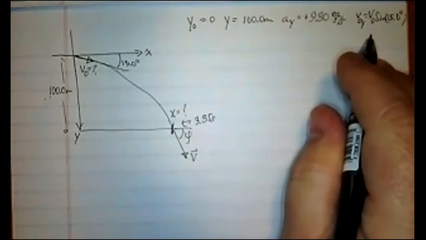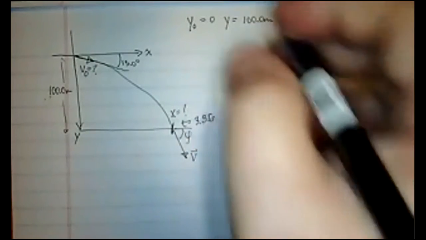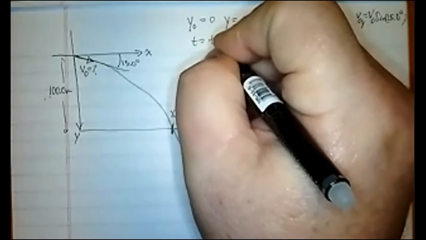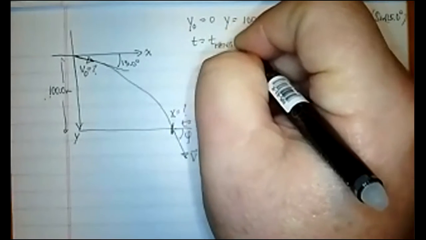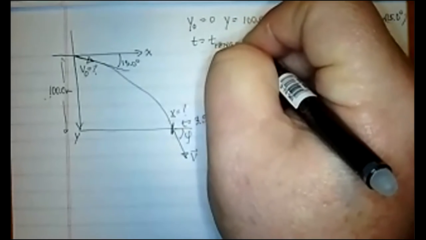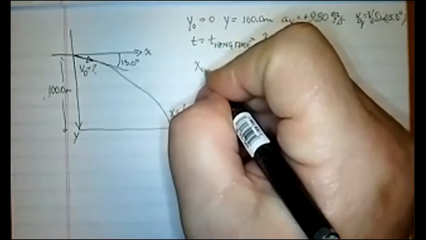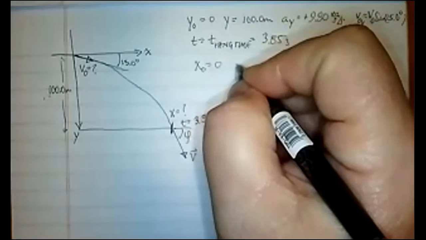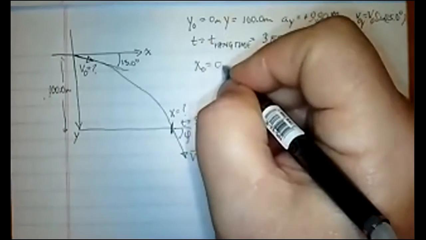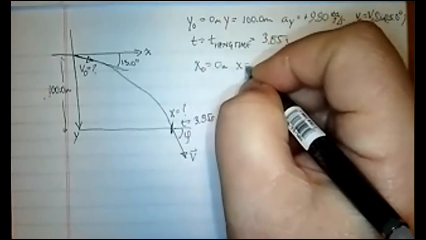So that's some of the stuff we know about the y dimension. We also know, of course, t final is the hang time. It's really the whole time it's in the air. So it's not exactly what we normally treat as hang time, but we'll call it hang time, is 3.85 seconds. We also know that x0 is equal to 0. And these, of course, are meters. But the final x is equal to question mark.